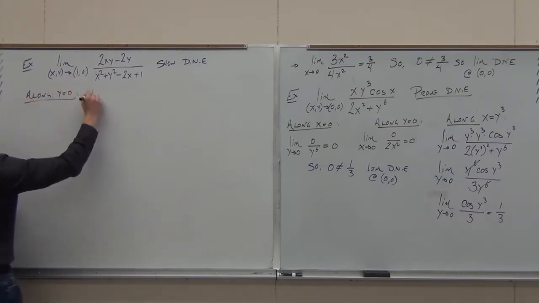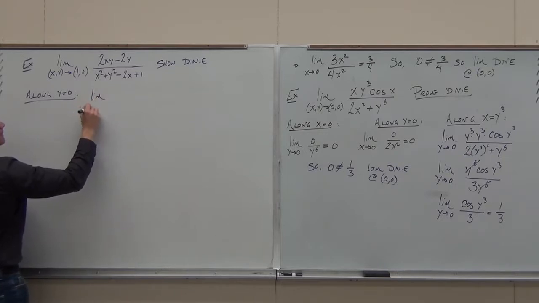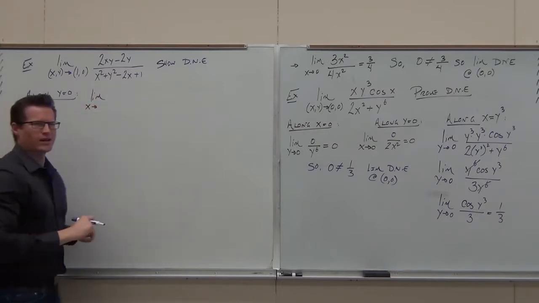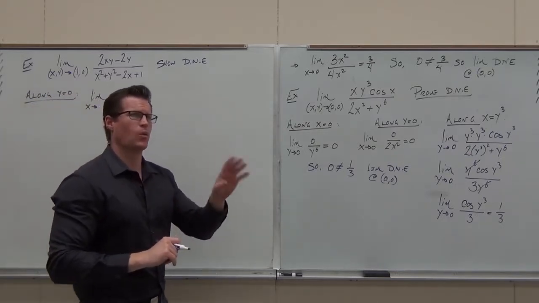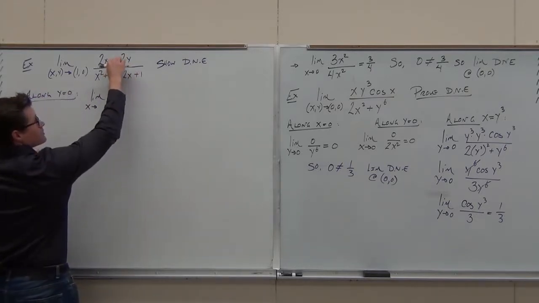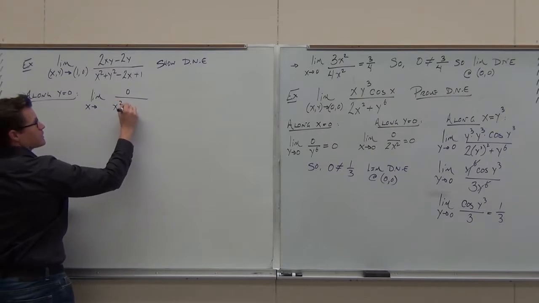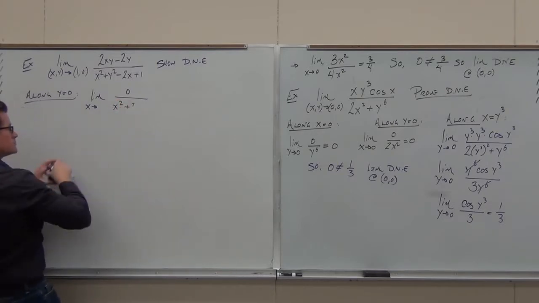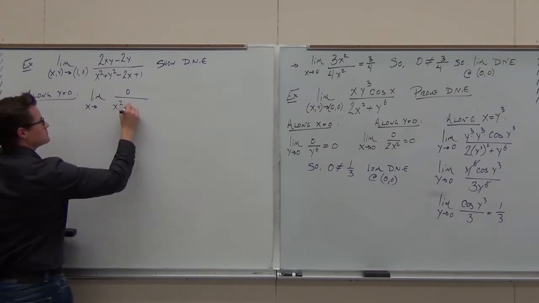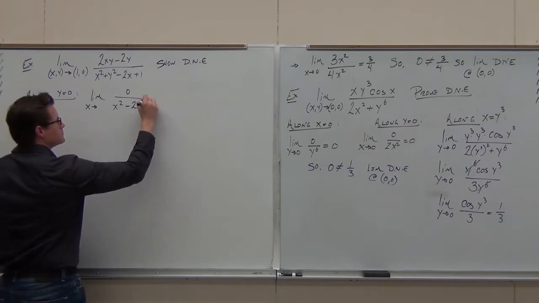So if y equals 0, we got the limit. Oh, wait a second. If we're going along y equals 0, this is 0 and that's 0, that's true. This is 0, I get x squared plus, nope. I get that.